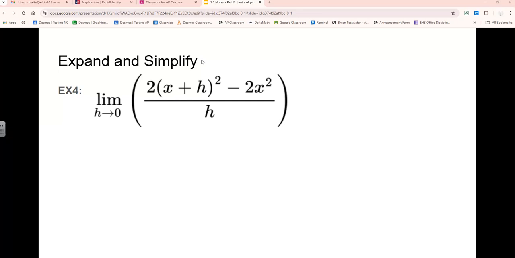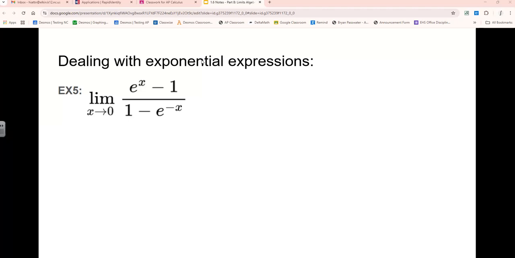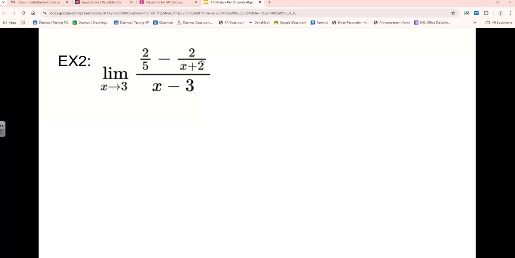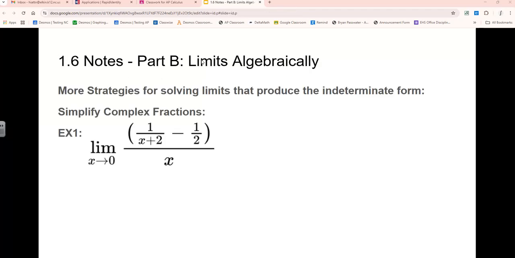Don't want to leave those out. And then these are the two that aren't printed for you. We need to do some with exponentials. I doubt we'll get to those problems because, as you can imagine, by the look of some of these problems, they take a little while, right? So we probably won't get to those last two, but that's all right.